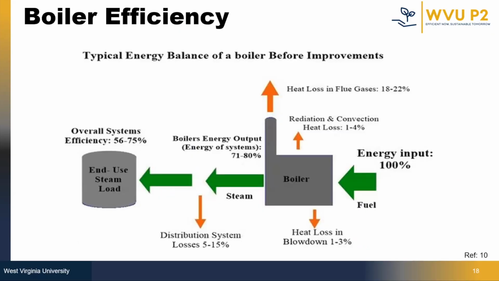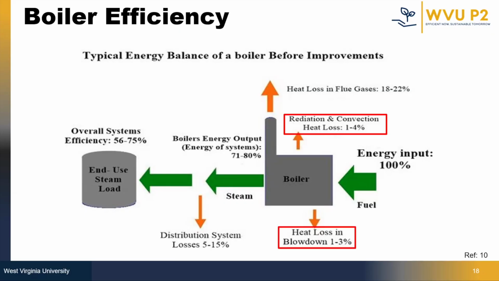So why do these losses occur? The biggest energy loss in a boiler comes from hot flue gases, which carry away unused heat. Usually it's about 20% of the fuel energy. Other losses are radiation and convection, which account for 1 to 4% of the fuel energy.